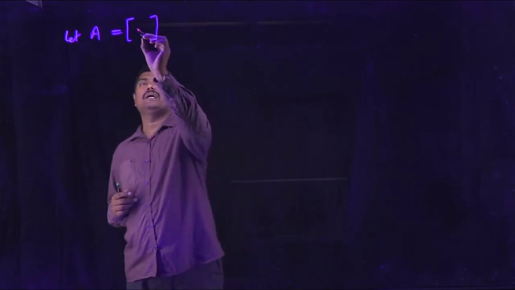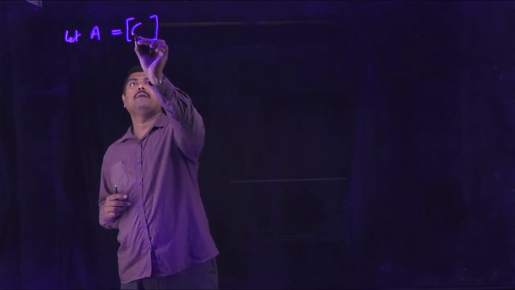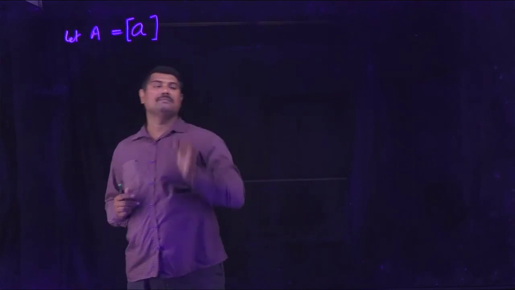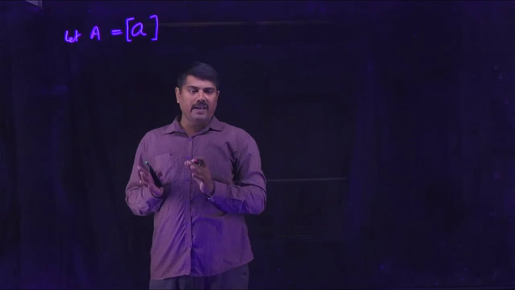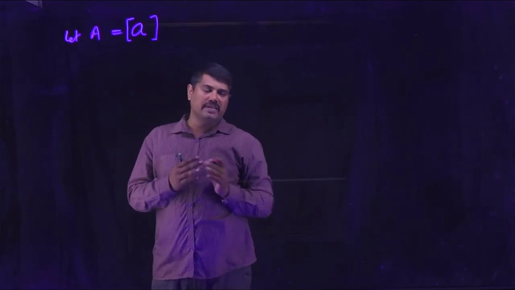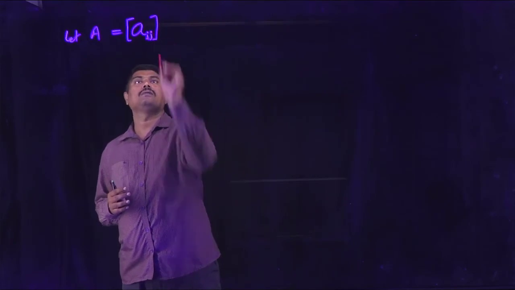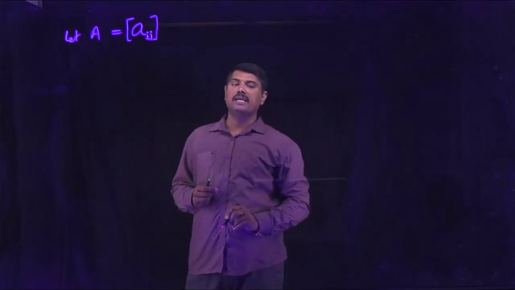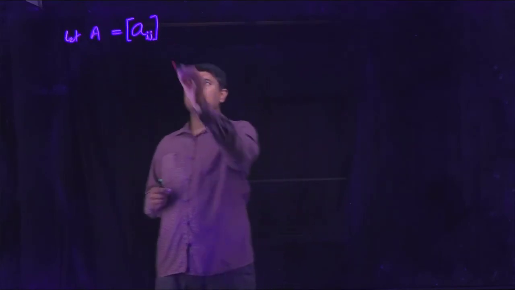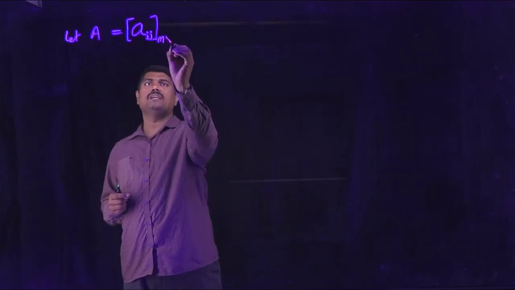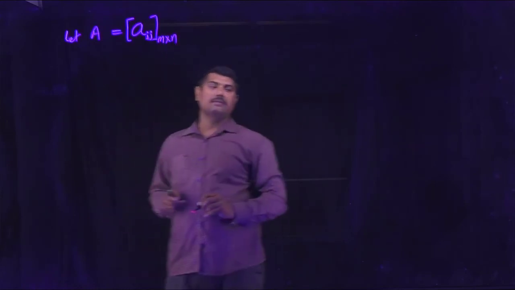I am taking the element as a, and to differentiate rows and columns I am taking the suffix ij. So here the element is aij, and its order is m into n.